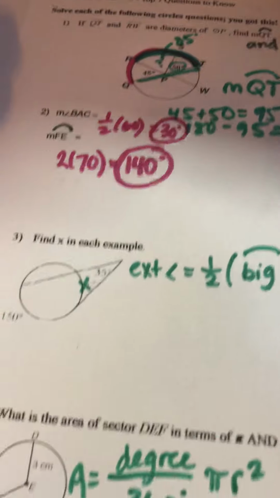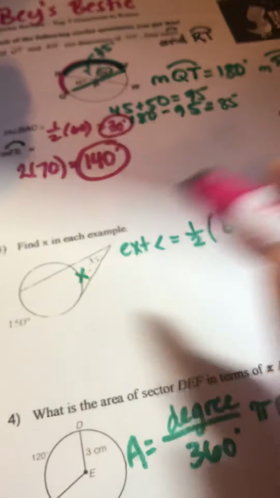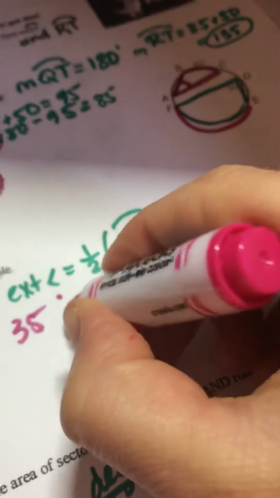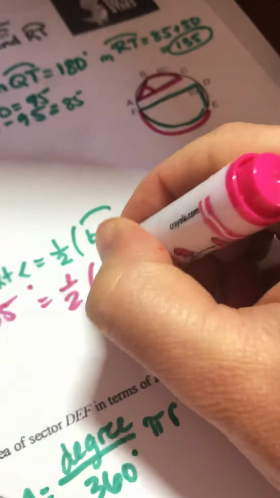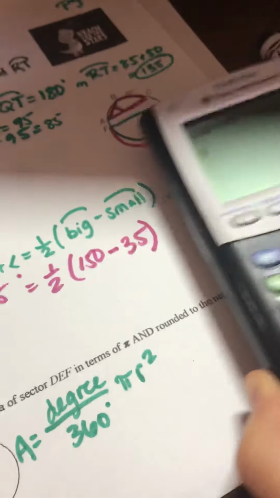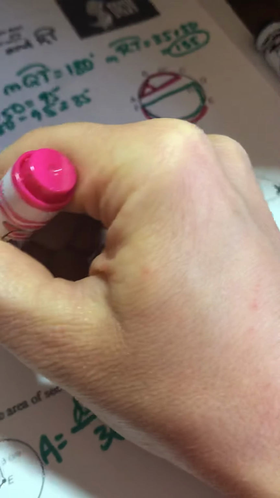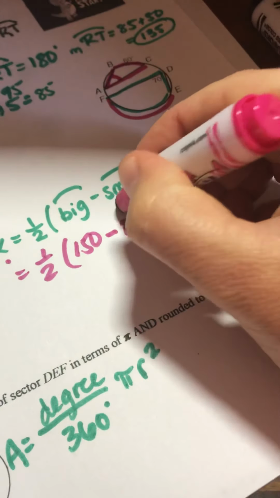Okay. All right, now these two are a little bit trickier, and we did do a day of these, so Victor, can you help us? Got this, guys. If I look here, I have an exterior angle that's 35 degrees. If we remember our formula, I'm going to start by putting 35 in. I'm going to keep the half, and then we're going to do the big minus the small arc. Our big arc is 150, our small arc is X. So let me put X in here.